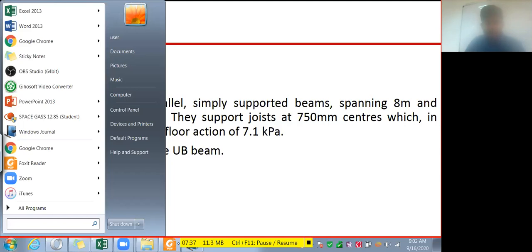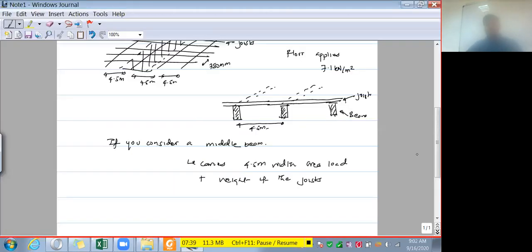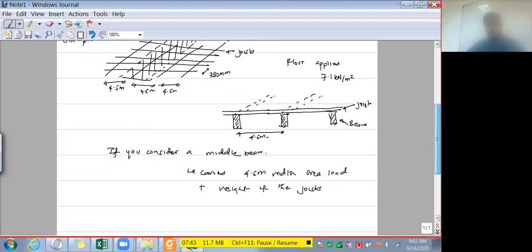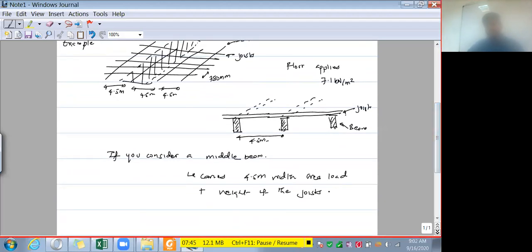So what we need to do is consider the area load, and we will exclude the joist load because we don't know the joist section, or we can assume a section and then provide loads. But at the moment I'm going to neglect the self weight.